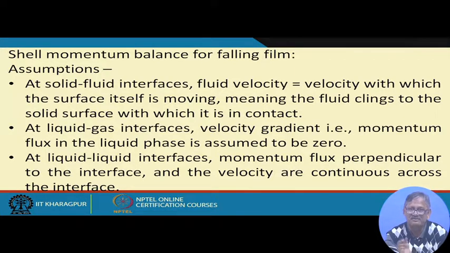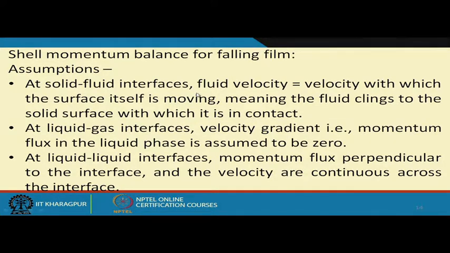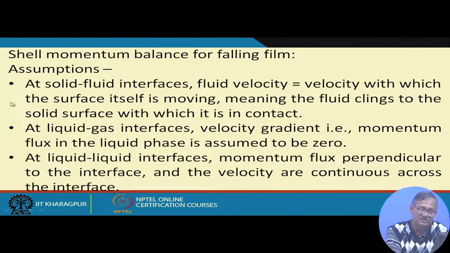That shell thickness is delta x. We have shown that the length is L, and the third, z direction, can be w or width or whatever corresponds. So, we need certain assumptions to be kept in mind. At the solid fluid interface, the fluid velocity is the velocity with which the surface itself is moving.